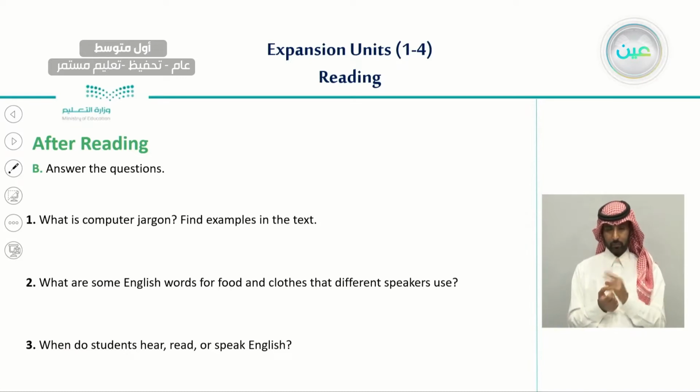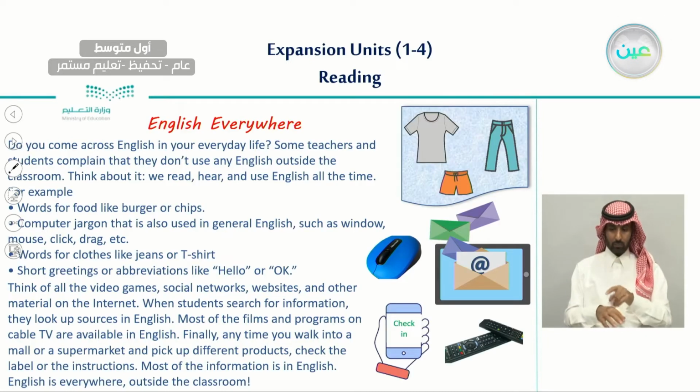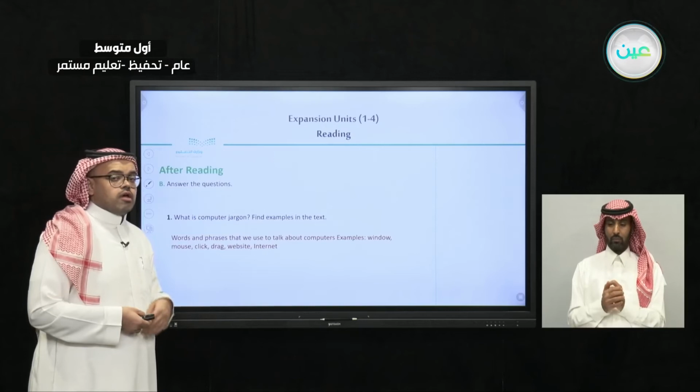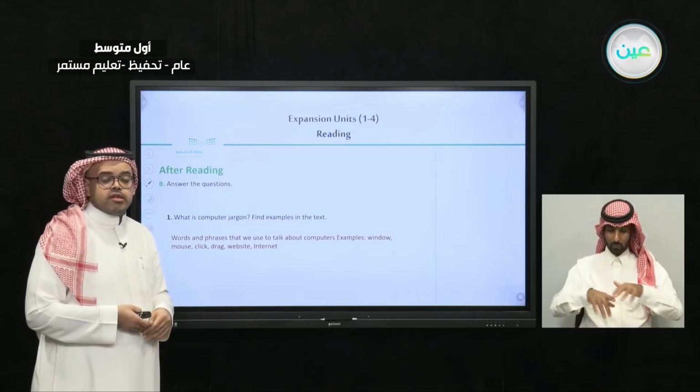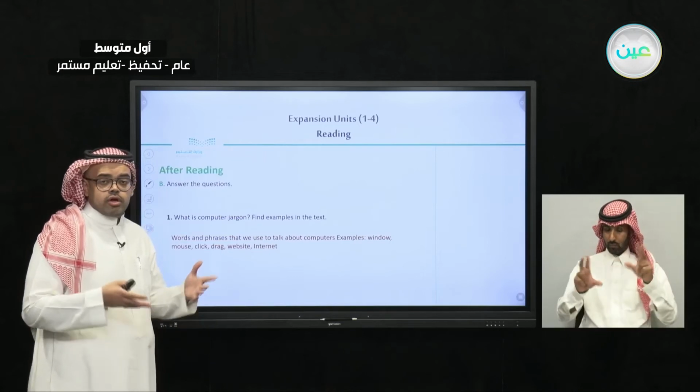What is computer jargon? And let's find the example in the text. So the text talks about computer jargon, the words related to computers that we usually use, such as window, mouse, click, drag, etc. We can even think of more of this jargon. We can say hardware, we can say a motherboard, we can say a TV screen or a computer screen.